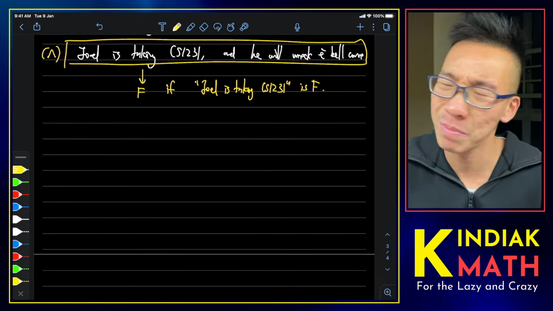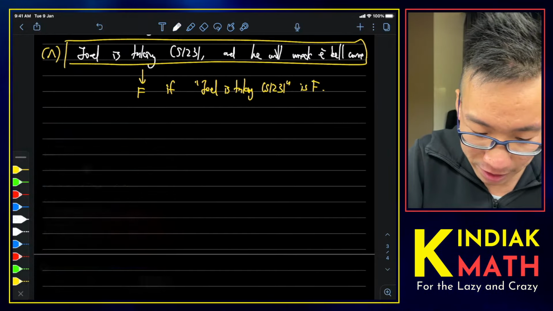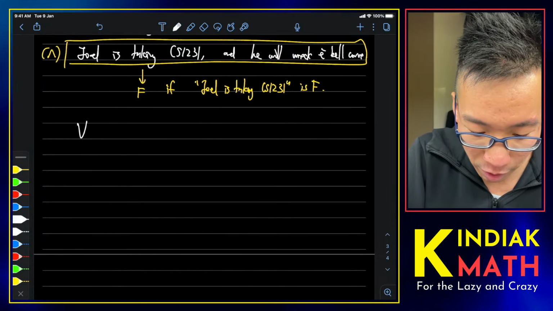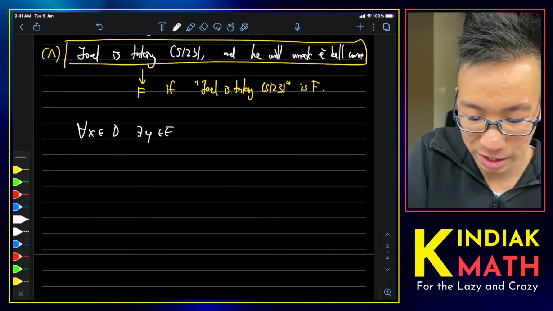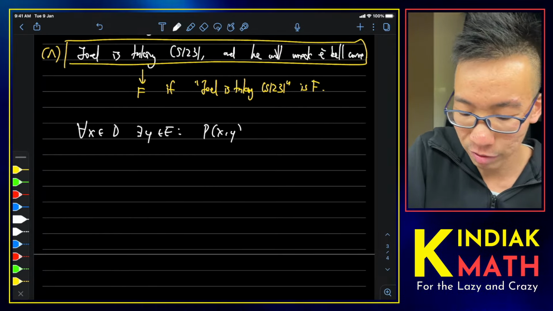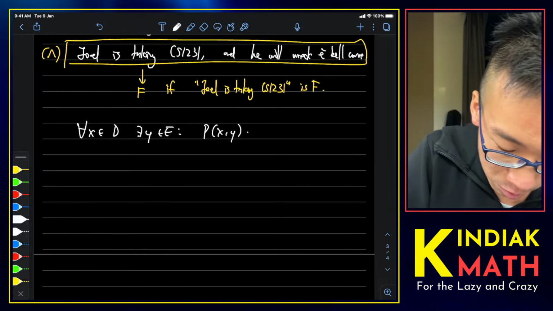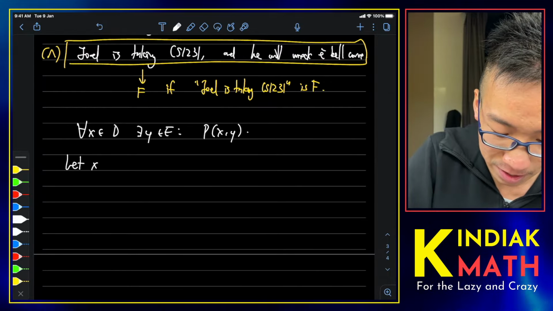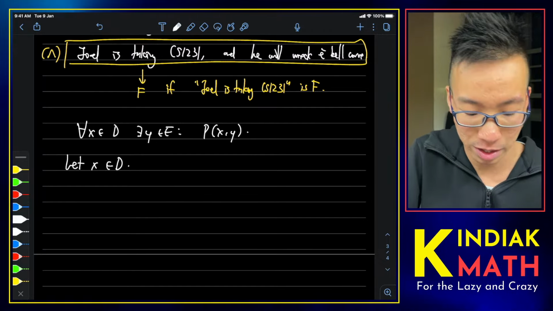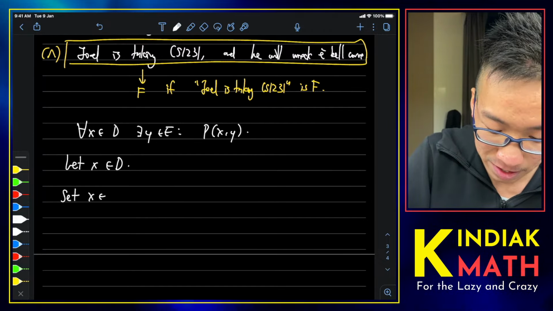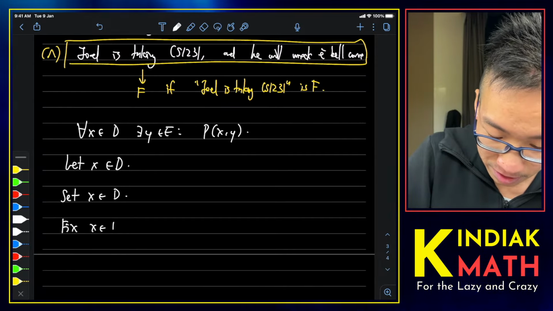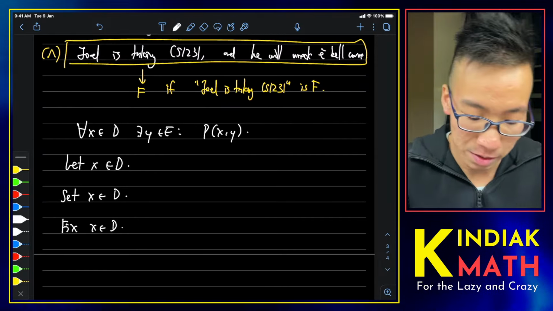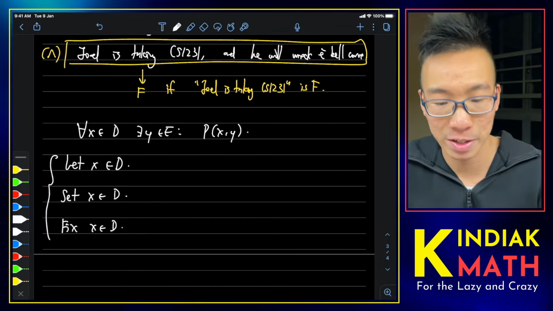When you use let something be, same thing. For example, if I need to prove for any x in D, there exists y in E such that P(x,y), you could say let x be an element in D. You can start it this way. You can say set x in D, and you can say fix x in D. Either are basically two ways of saying the same thing.